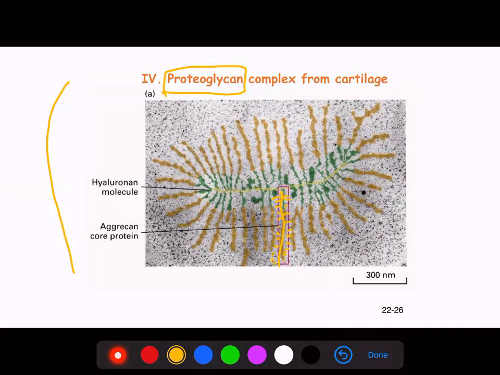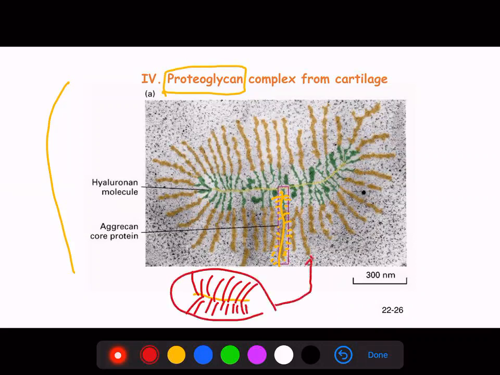So you have a core protein and then lots of sugars, something like this. That is one of the fibers that you are seeing over here.